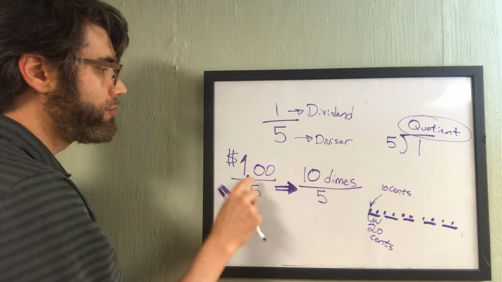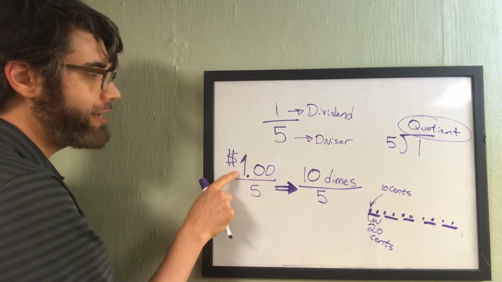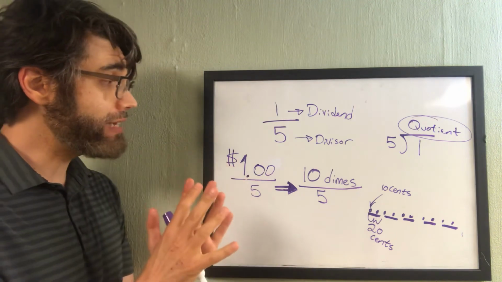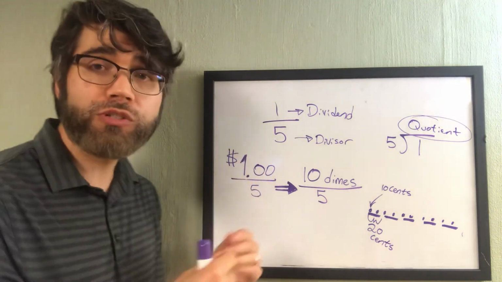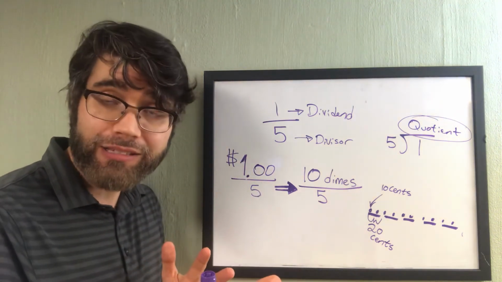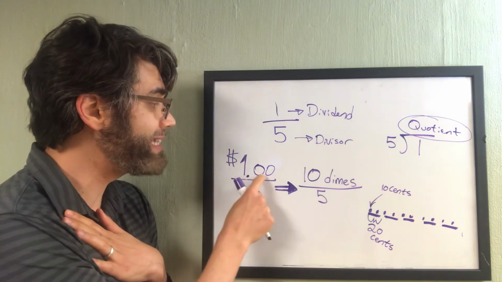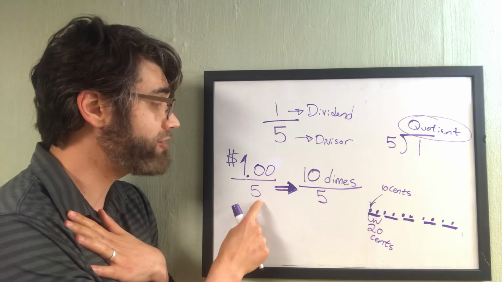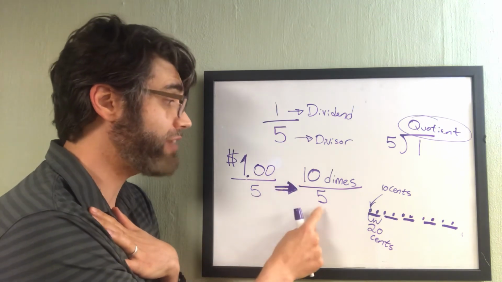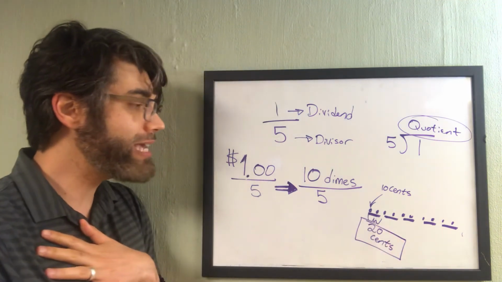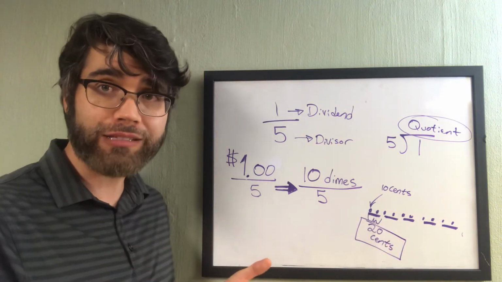Remember how we took 1 and we turned it into $1? Well, that is in terms of 100 cents. And so if we divide 100 cents into 5 different parts, or 10 dimes into 5 different parts, we get 20 cents each.